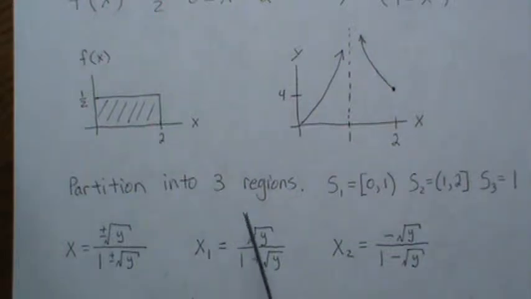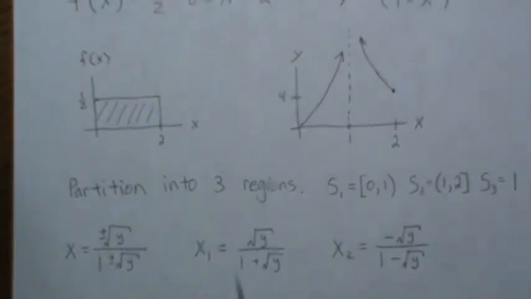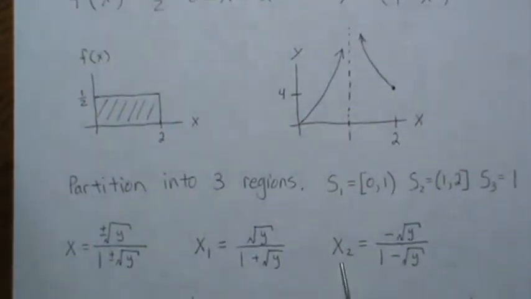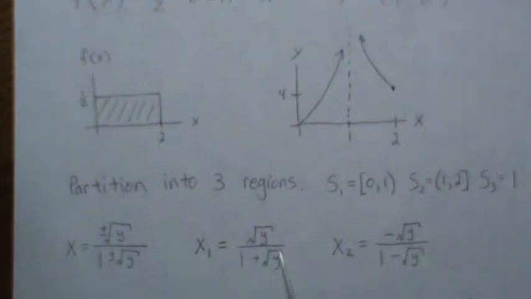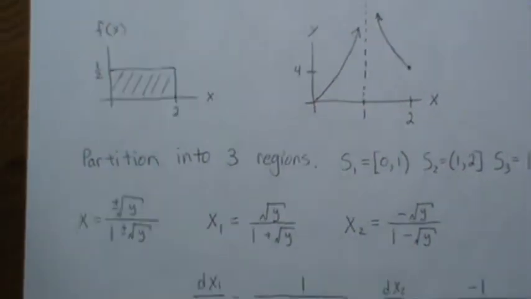But we need to figure out which ones. Of all the combinations, this one maps to 0 to 1, so this is over region 1, and this one maps on region 2. That's just trial and error basically, so you have to figure out which one maps to do that.